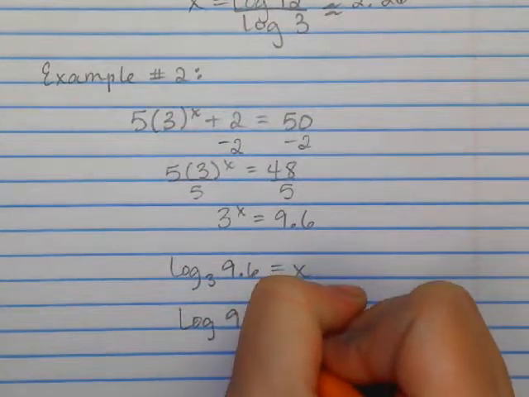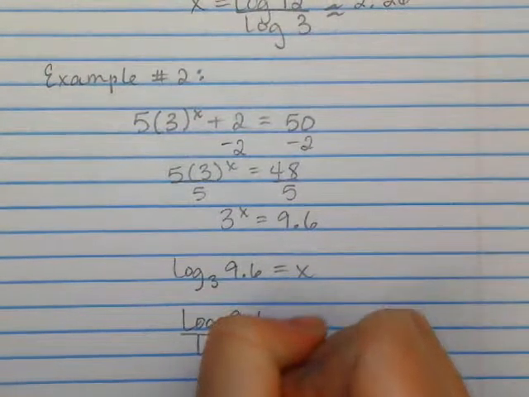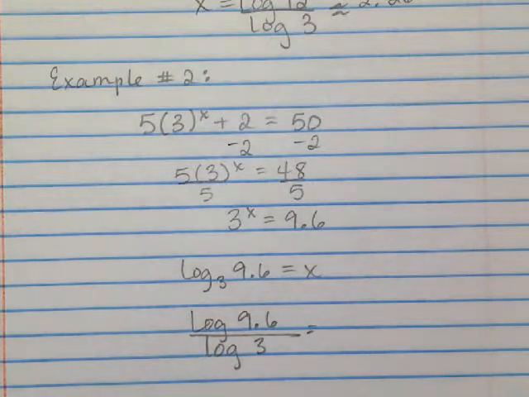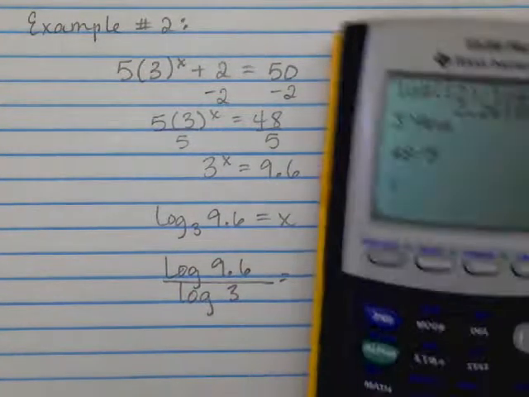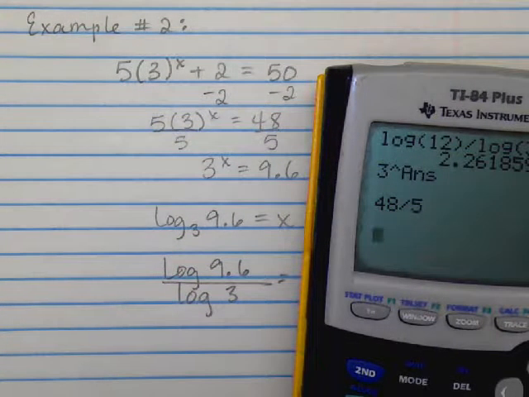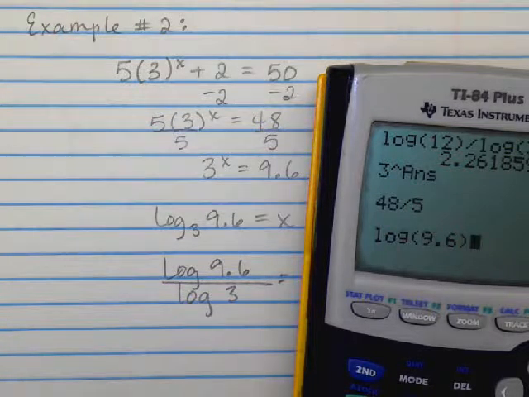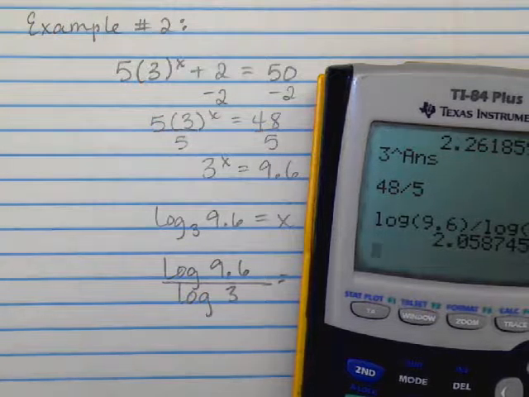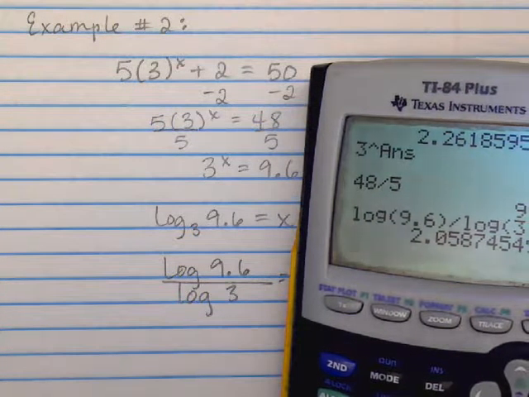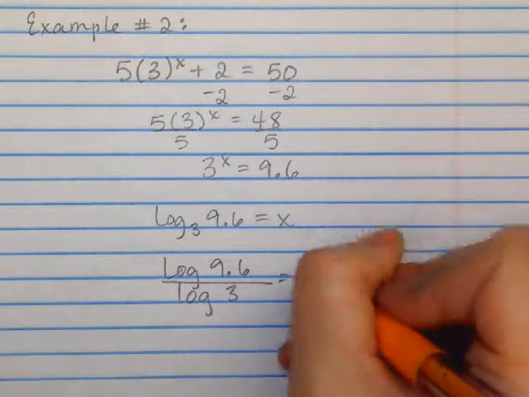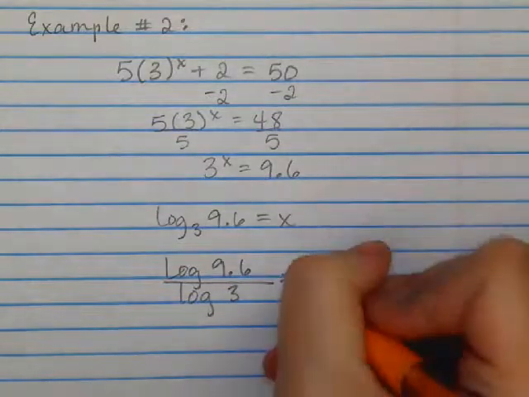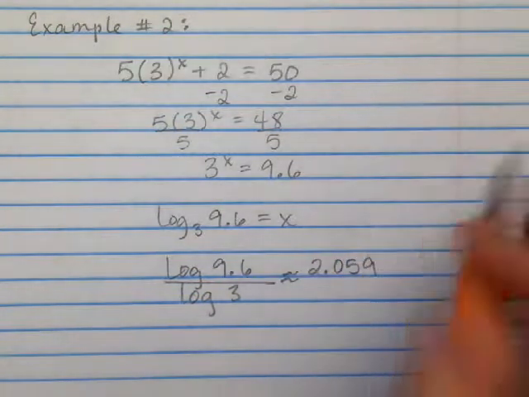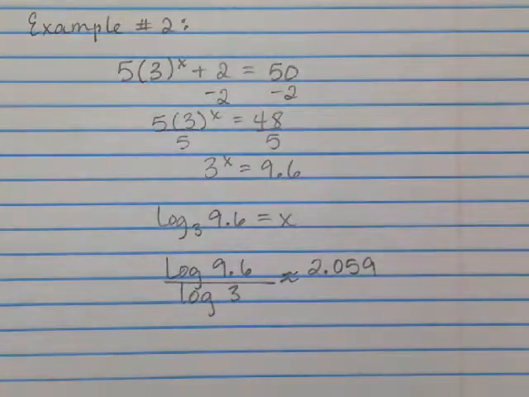Log 9.6 divided by log 3. So log 9.6, close my parentheses, divided by log 3 equals 2.05, and I'll round that to 2.05. Make that our squiggly equal sign for approximately, and that is it.